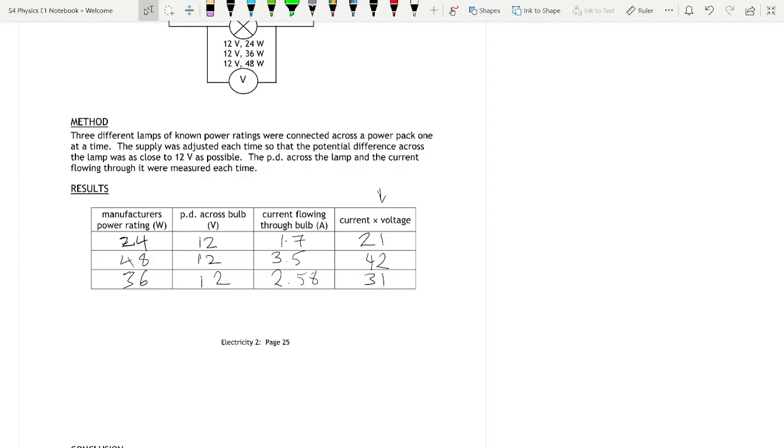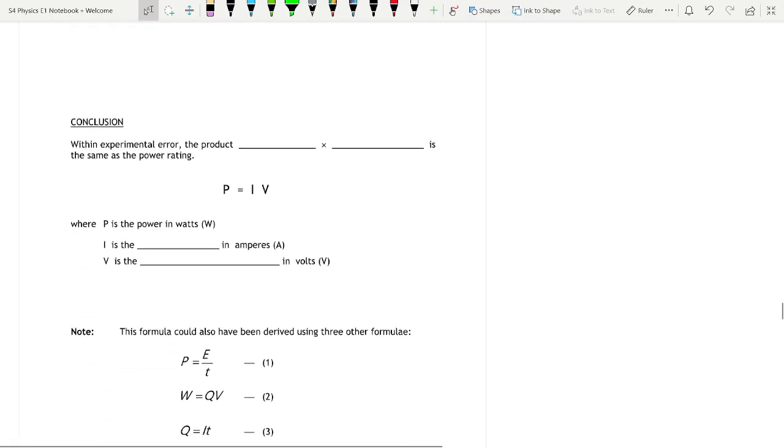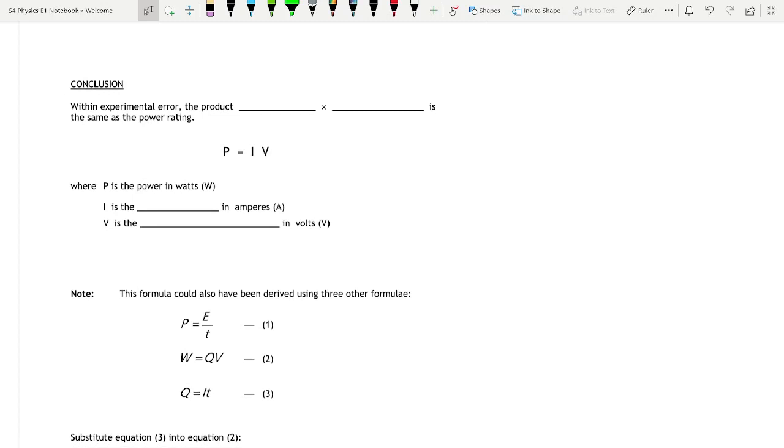Okay, so current times voltage is equal to the power of an electrical item. So in conclusion, within experimental error, the product current times voltage is the same as the power rating.